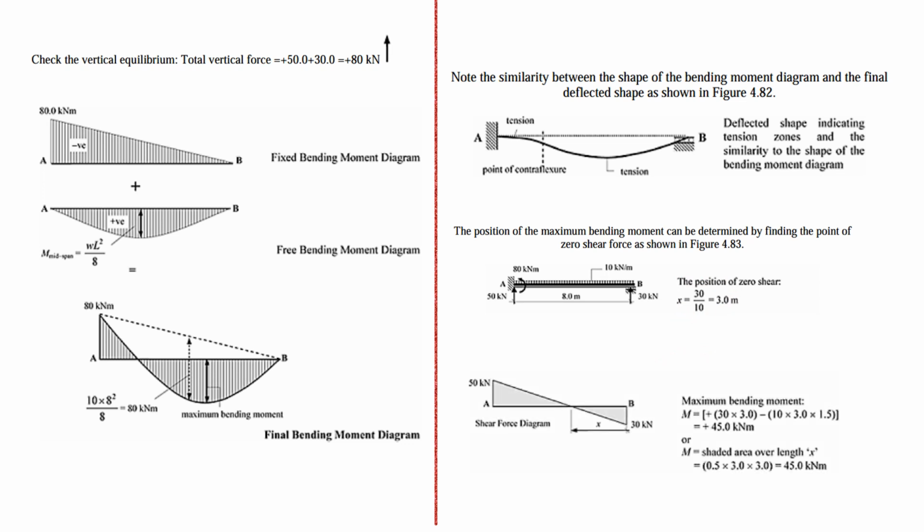So the maximum bending moment is 30 into 3, that's anti-clockwise, and clockwise is minus 10 into 3, the load, into 1.5, so 45. Area under this is half into 30 into 3, that is 45 kN-meter.